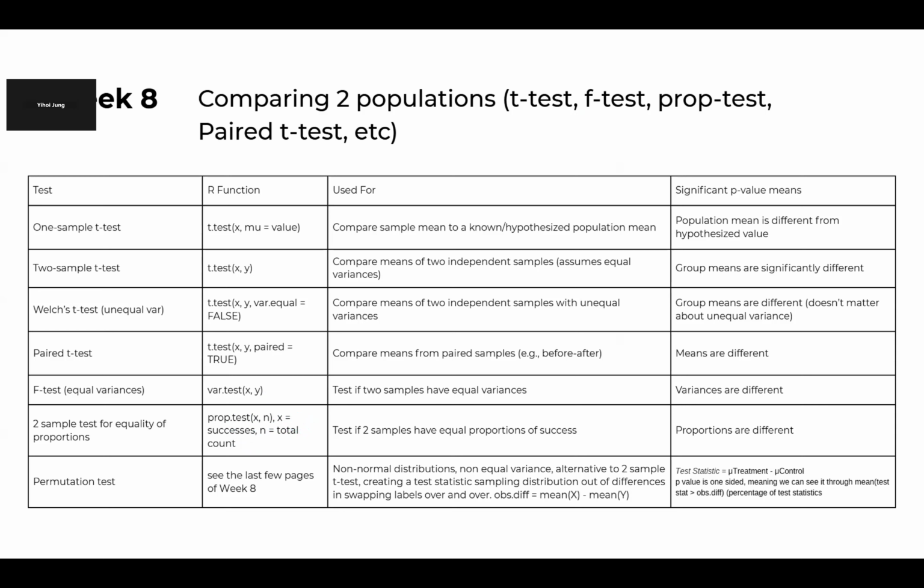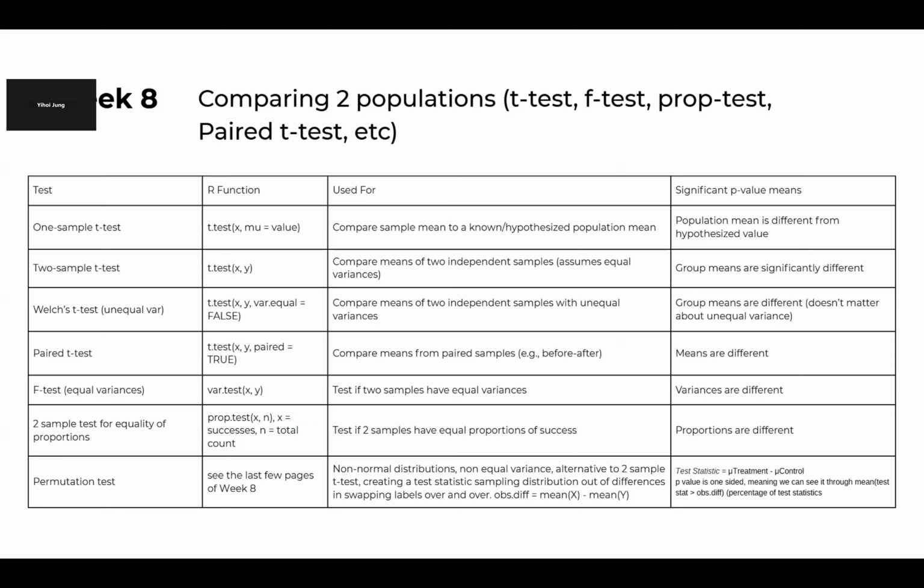What I mean by successes is, if you have a null with a fair coin, for example, then your successes could be the number of heads.